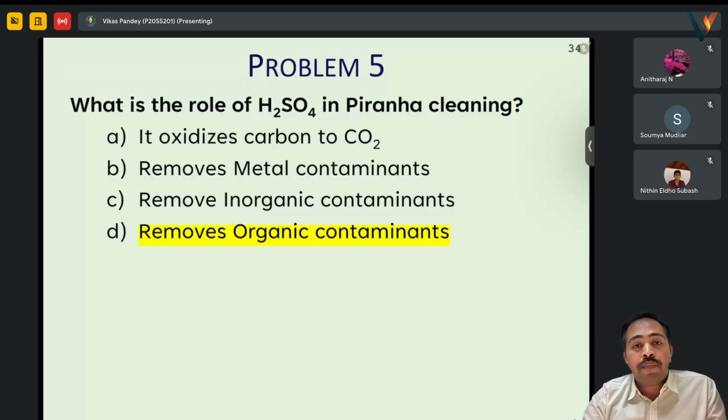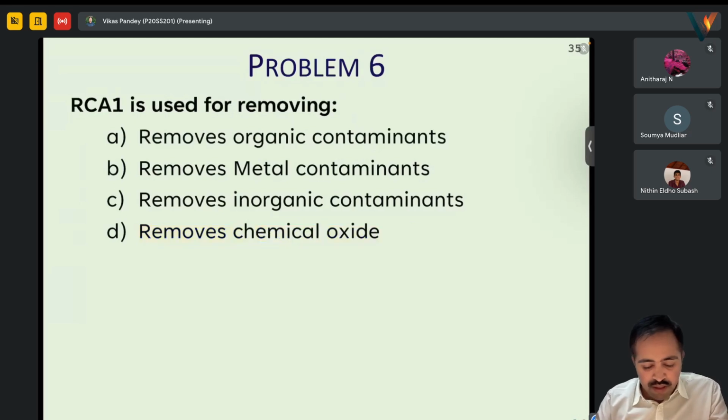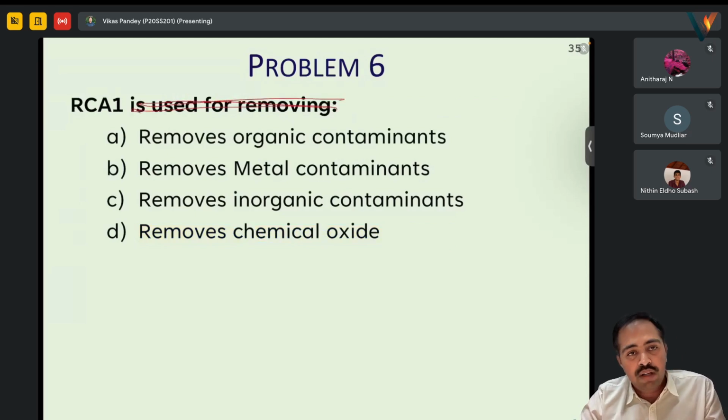Then problem 6, that is, RCA1 is used for removing... RCA1 removes organic contaminants, removes metal contaminants, removes inorganic contaminants, or removes chemical oxide. Yes, anyone?